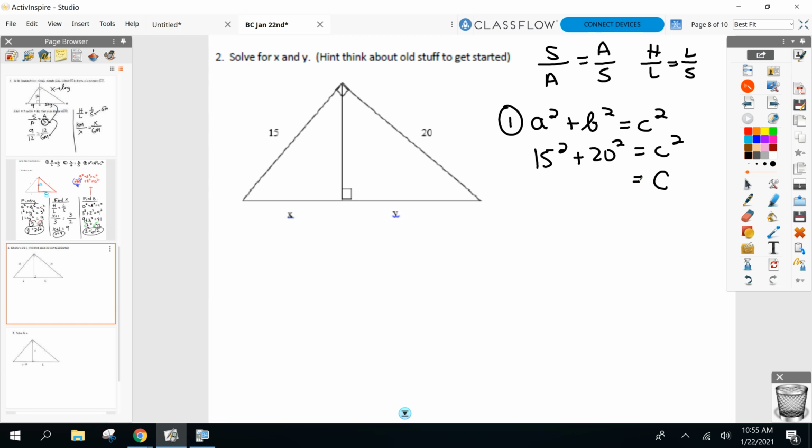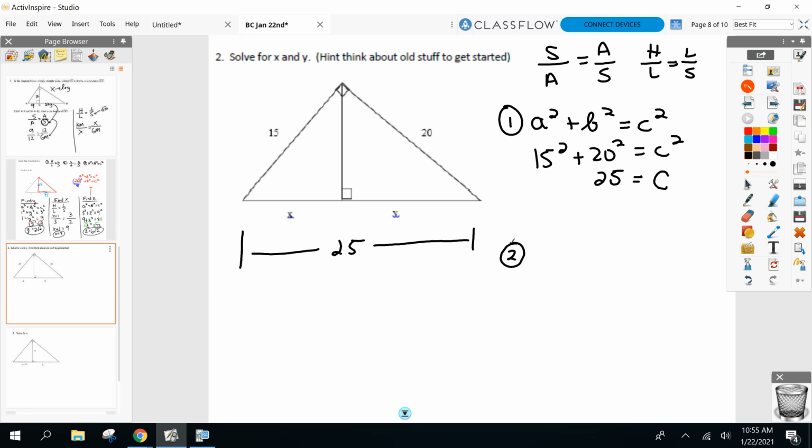All right, what do we end up with? 25? All right, so the length of this whole hypotenuse, 25. All right, guys, can we talk hills and SAS now to find a variable? I think we can talk hills or SAS here.